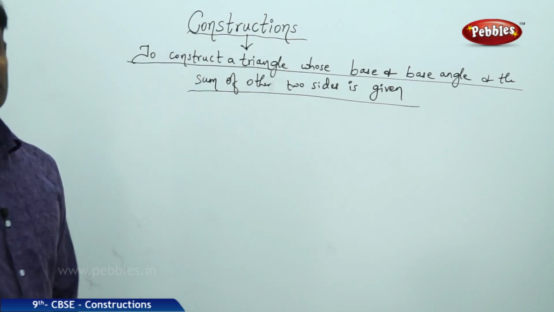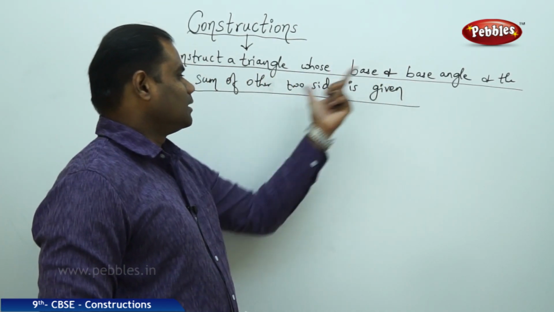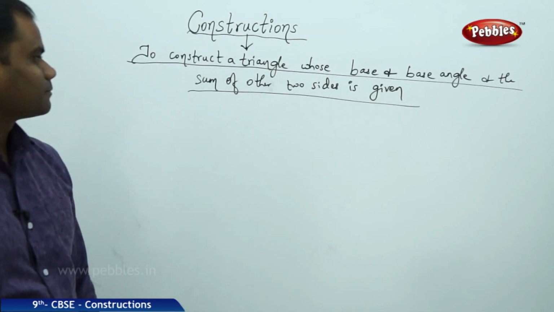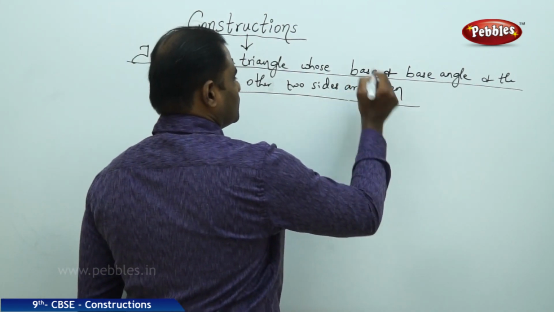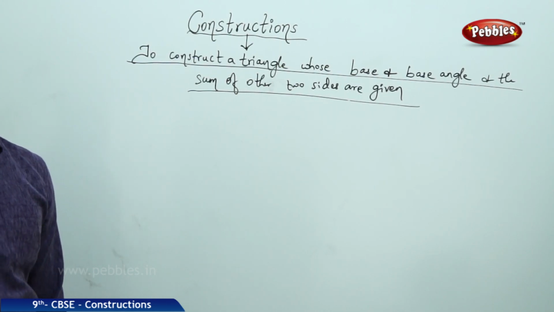So let's see how we can construct a triangle whose base and base angle are given and the sum of other two sides is given, are all given in the process. So let's see this special case.